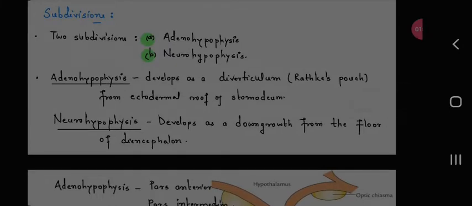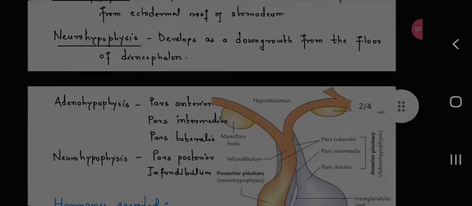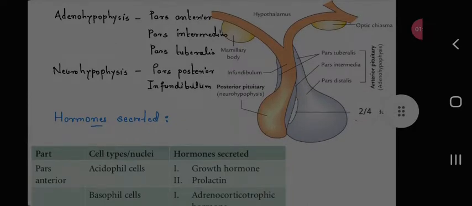Subdivisions: two subdivisions, adenohypophysis and neurohypophysis. Adenohypophysis develops as a diverticulum, Rathke's pouch, from the ectoderm of the roof of the stomodeum. Neurohypophysis develops as a downgrowth from the floor of the diencephalon. Adenohypophysis: pars anterior, pars intermedia, and pars tuberalis.